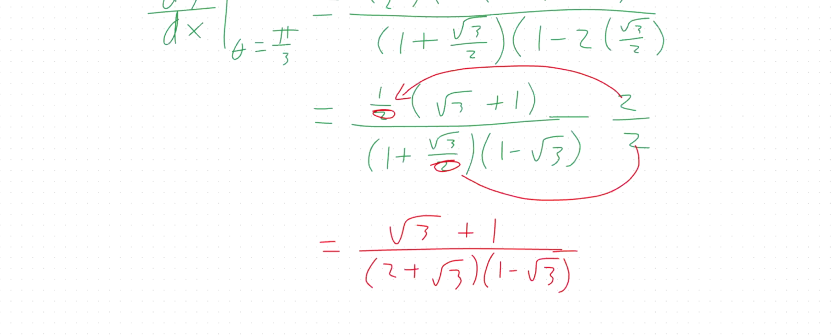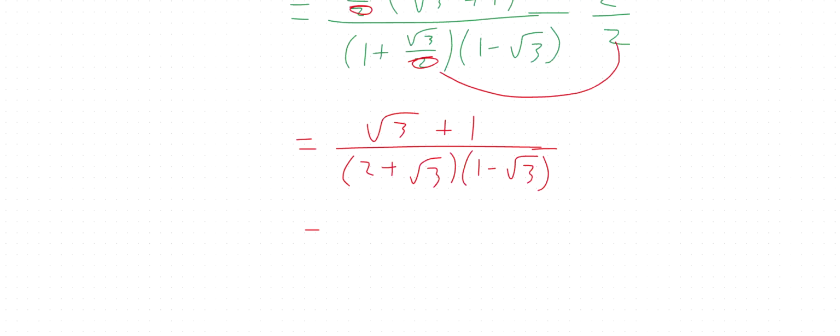If we pull this bottom, we're going to get 2 minus 2 square root of 3 plus square root of 3 minus 3.